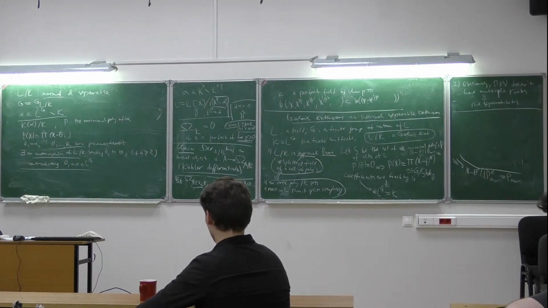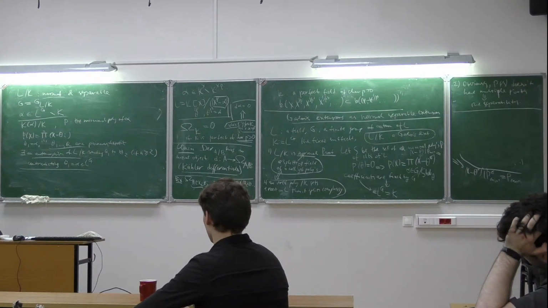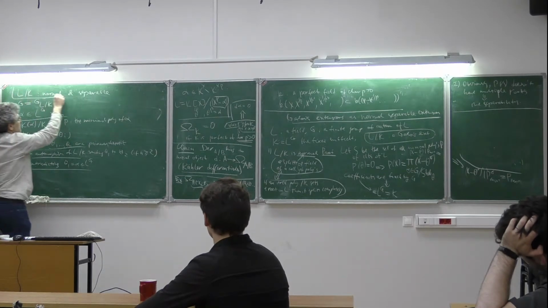Okay, so now we know that Galois extensions are the same as normal separable ones. By the way, so far we have defined only finite Galois extensions, but later we will consider infinite extensions, and for infinite extensions this is again true.